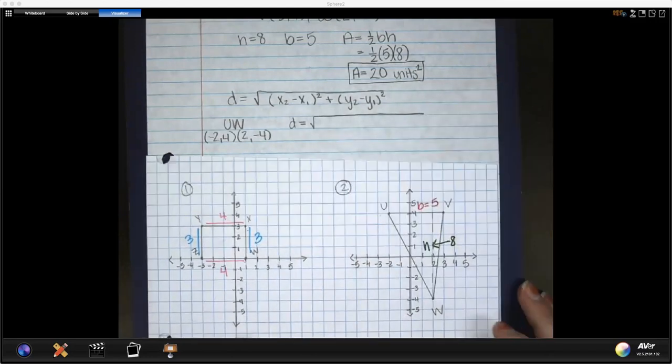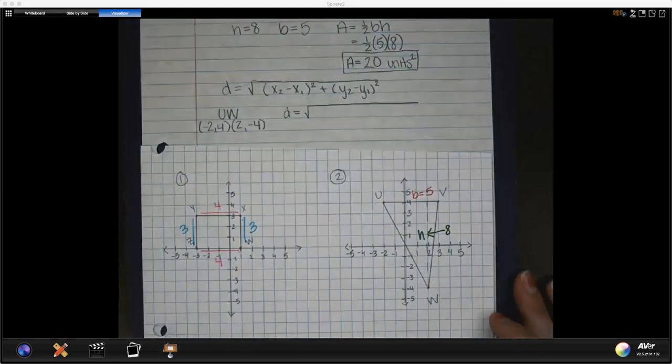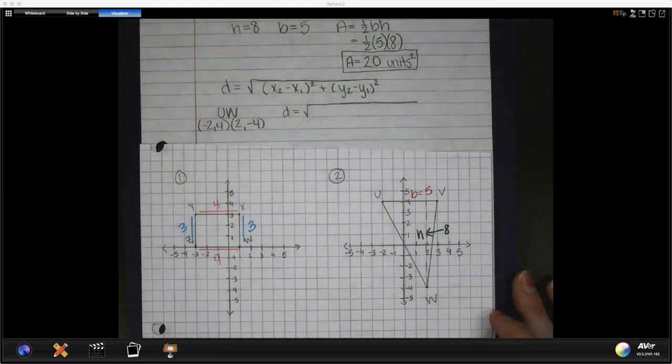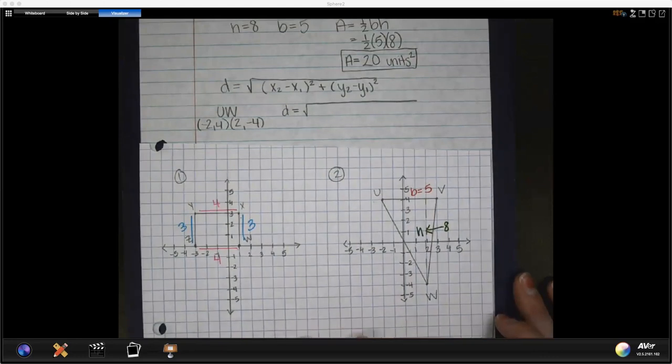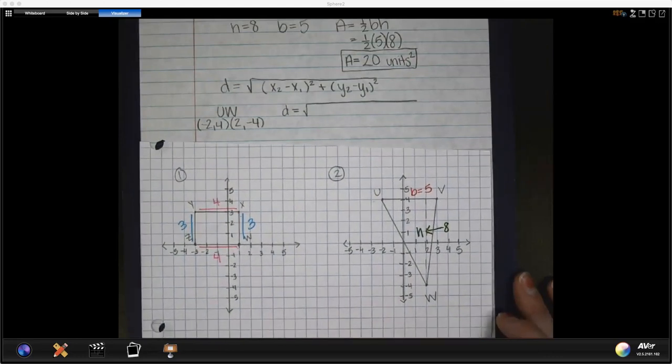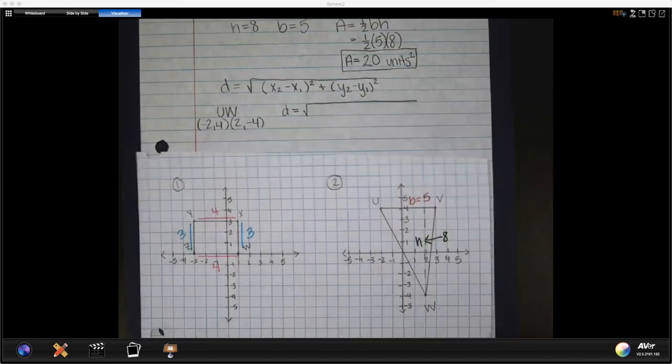Okay, so there's a little bit of practice from the skill we learned on Monday. Which one is going to be considered my X2? Which one's the second X? Yep, 2, good.